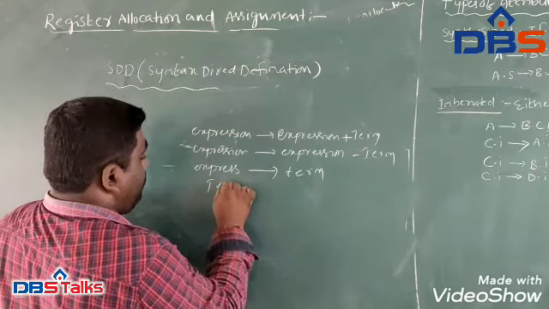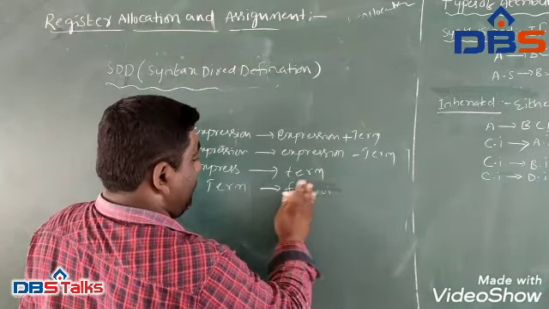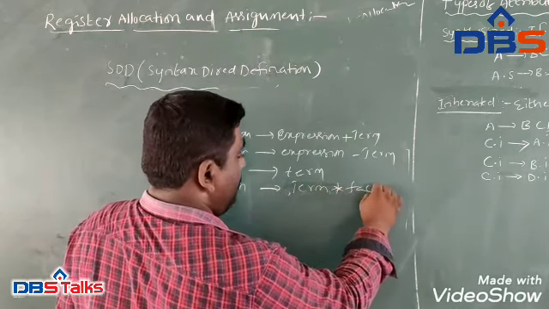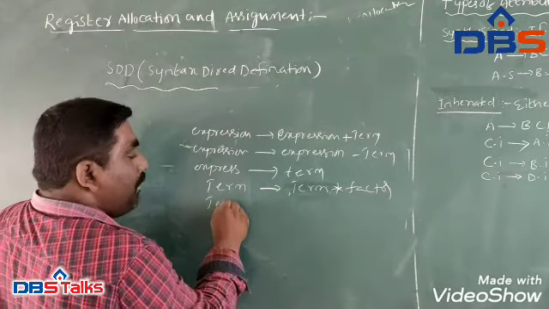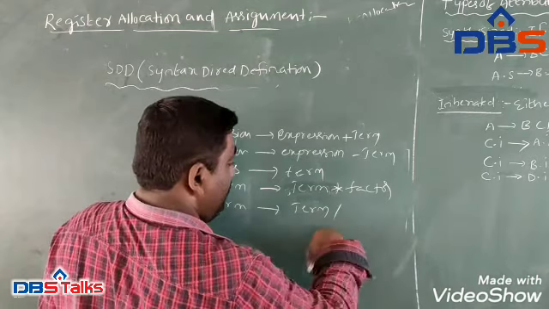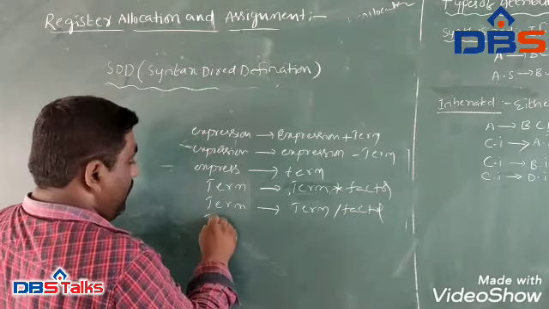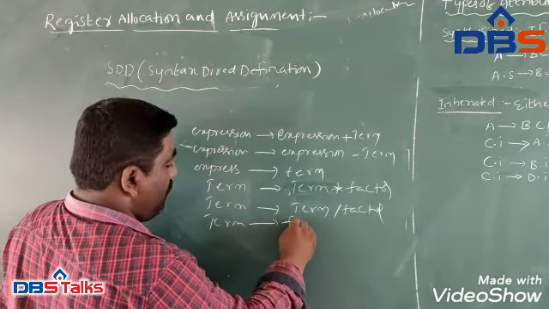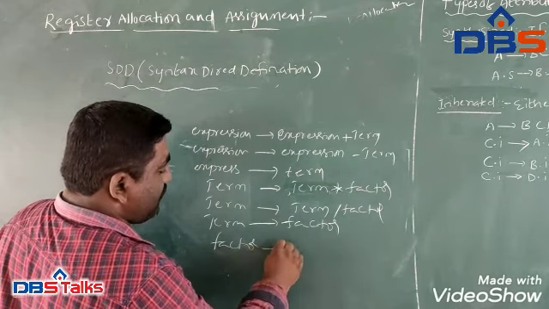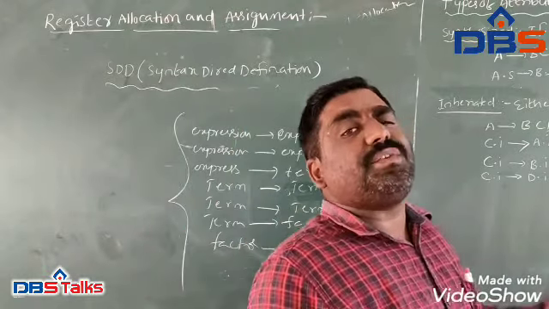Next, term produces term into factor, term produces term division factor, and term produces factor. Finally, factor produces identifier. So this is the example of a context free grammar.